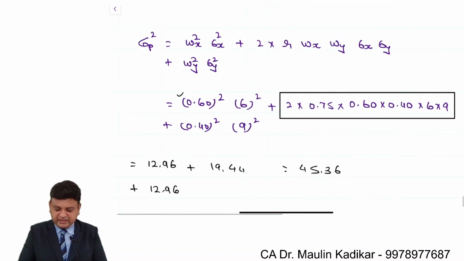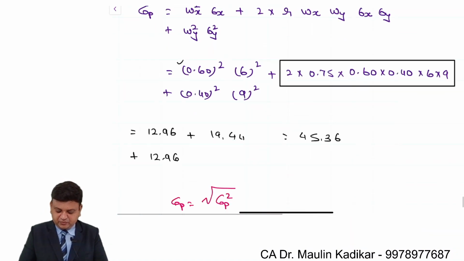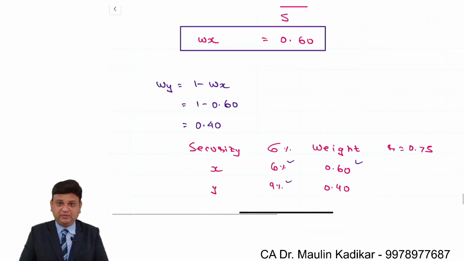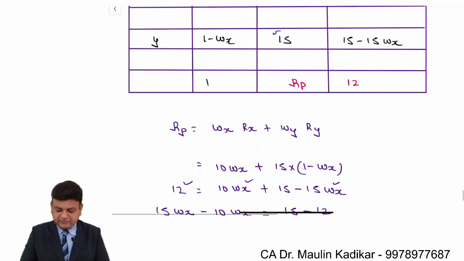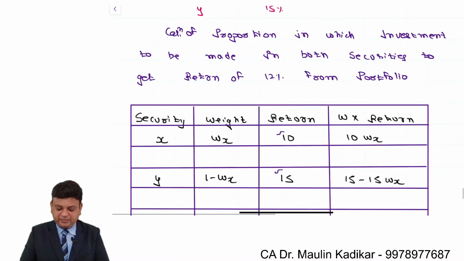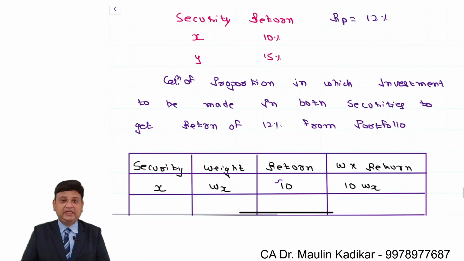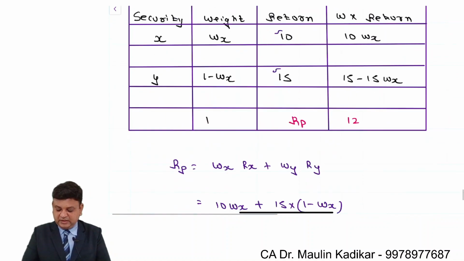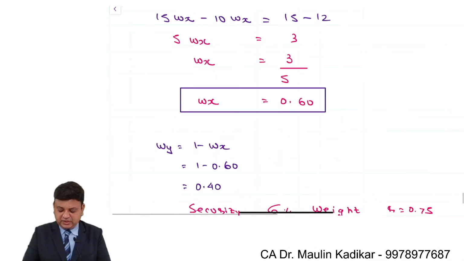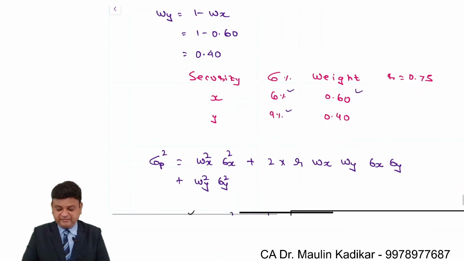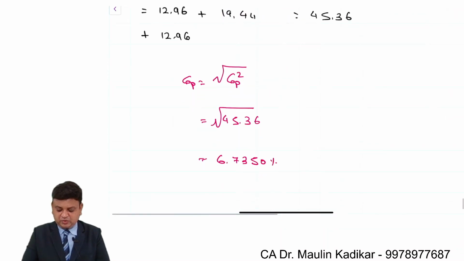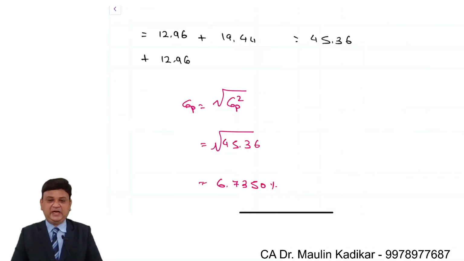That is the way we compute the variance of the portfolio, and based on that we compute the standard deviation of the portfolio. So in the first part of the question we computed the proportion in which the investment should be made so that the return of the portfolio is 12%. Then we computed the standard deviation of the portfolio based on the weights and the correlation coefficient that these two securities have with one another.